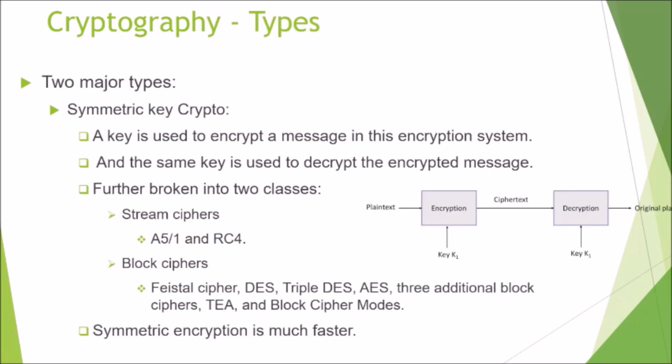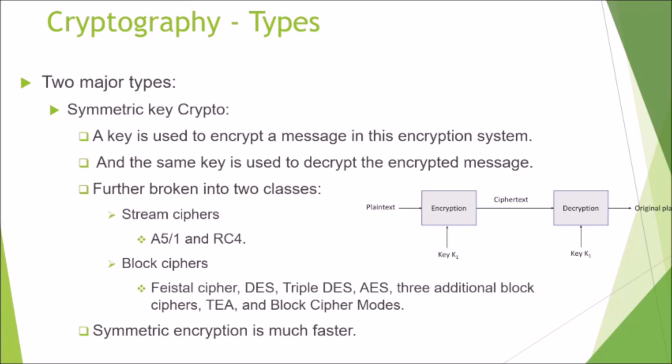What are the types? There are two major types here. One is symmetric key crypto. Within this, a key is used to encrypt a message, and the same key is used to decrypt the encrypted message.